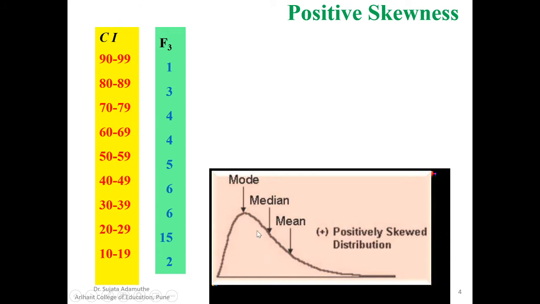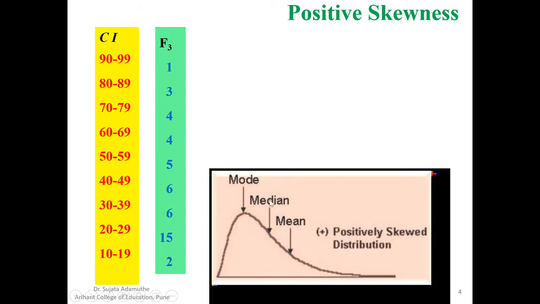Here you can observe that the mode, that means the highest frequency 15, is for the group 20-29. That means on the left side of the curve there is a mode, and if we observe the curve, it is inclined towards the positive, so positive skewness is called for that distribution, because the distribution is on the positive side.